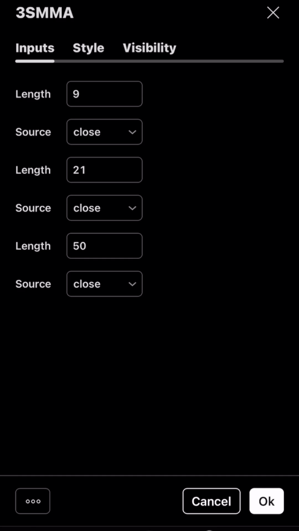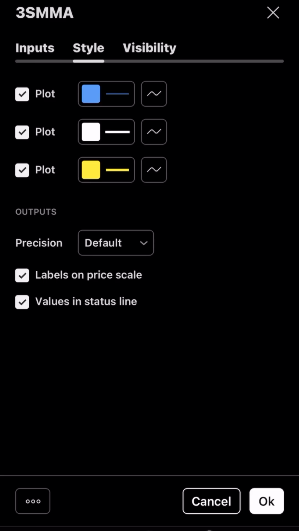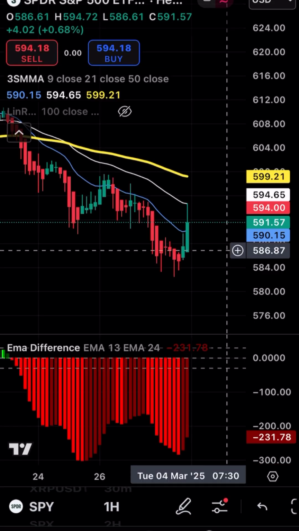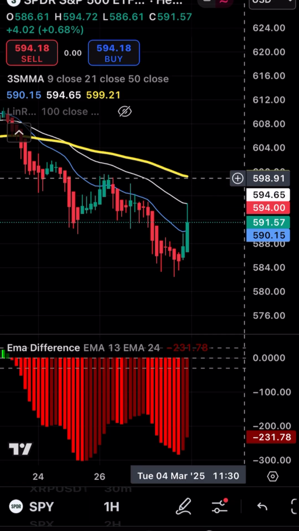The 50, in my opinion, should be thicker because the 50 is mainly used to show the overall direction. I would make these colors pretty bright so they stand out, especially the 50, which on mine is the yellow line. The other 2 are the 9 and the 21.